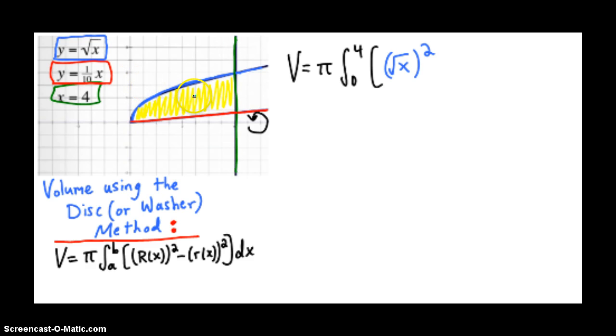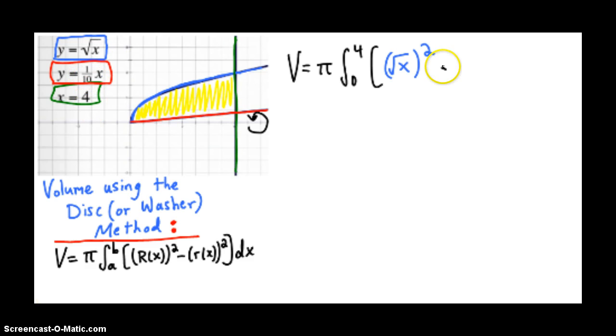Now, because this solid has a hole being drilled through the middle of it because of this red line here, we have to account for subtracting that radius out, right? We're going to remove that much volume, that sort of cone shape part that would be drawn in here. And so that little radius, the little r, is controlled by all these red lines. So the equation for those red lines is this 1/10 x.